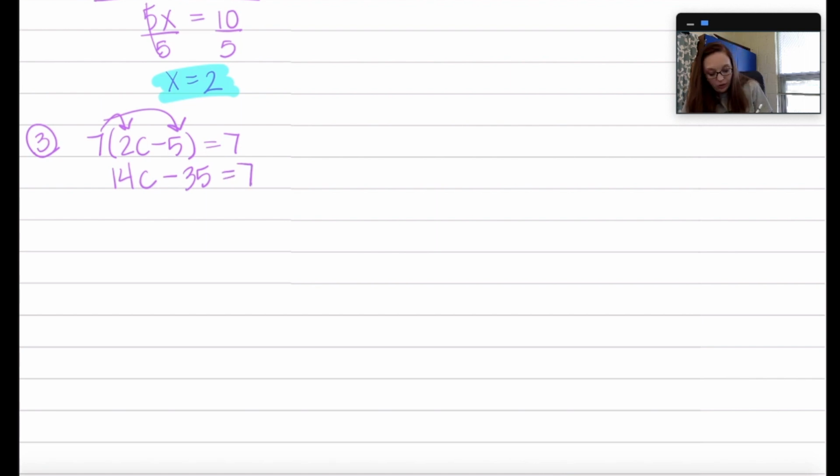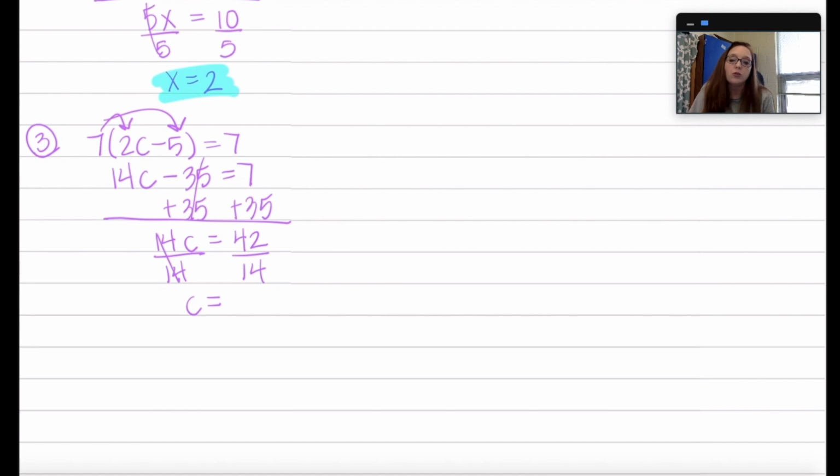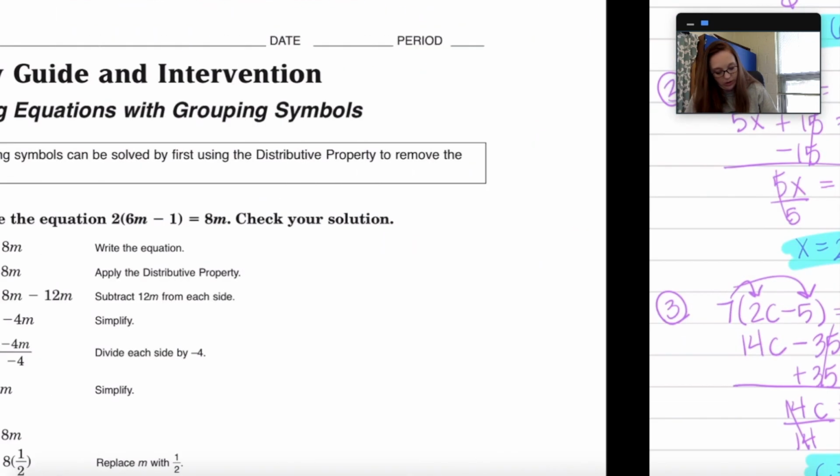So we're going to add 35 on both sides. So 14c equals, and 35 plus 7 is going to be 42. Then I'm going to divide both sides by 14. 42 divided by 14 is 3. So C equals 3. Let's write that answer down.